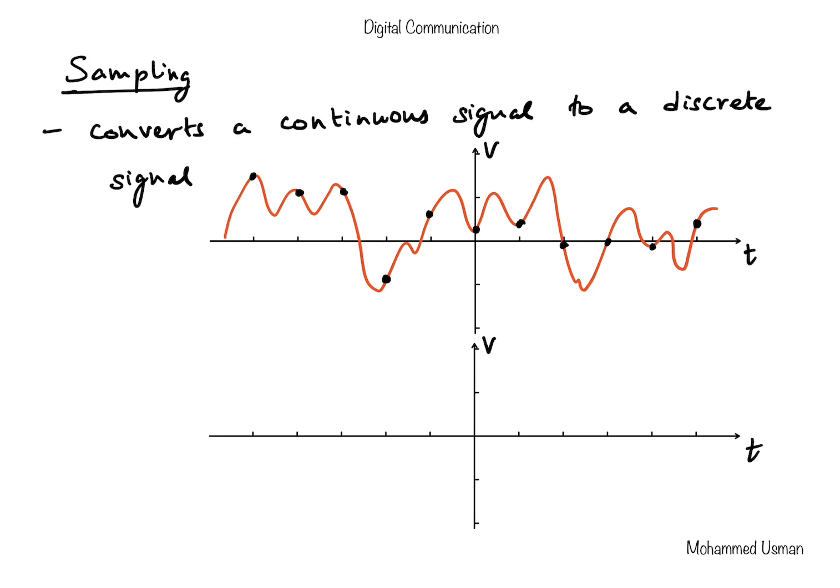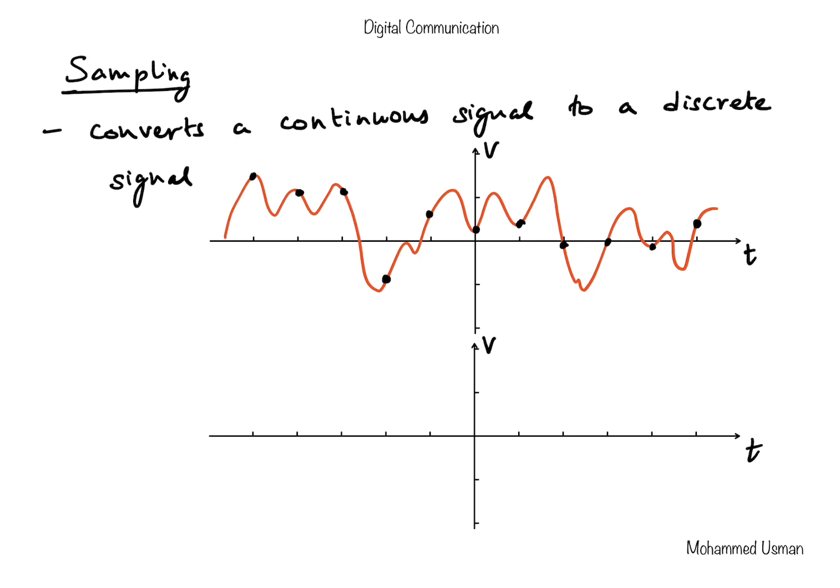So in this way, we take the samples of the signal at regular instants of time, and these samples would represent what we call the sampled version of the signal, or the discrete signal. So sampling converts a continuous signal to a discrete signal.